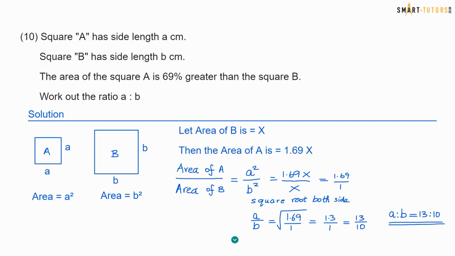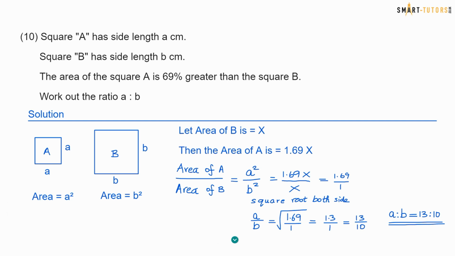Here you go. Right, so square A has side length A and A, so A times A is A squared. So area is A squared. Square B is B times B, B squared. So area of B is B squared. Let the area of B be x.